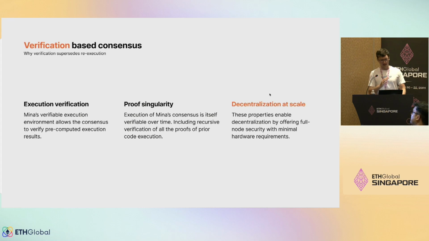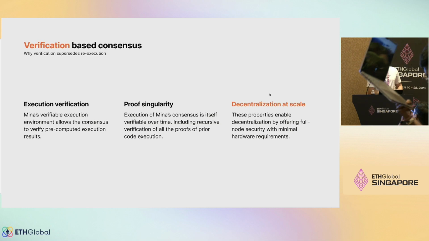And then we have proof singularity, which means that everything that's ever happened isn't only verifiable succinctly, but it's also compressed into this one proof that I can give anyone without them having knowledge of the current network state, and they can verify that by themselves and also trustlessly.